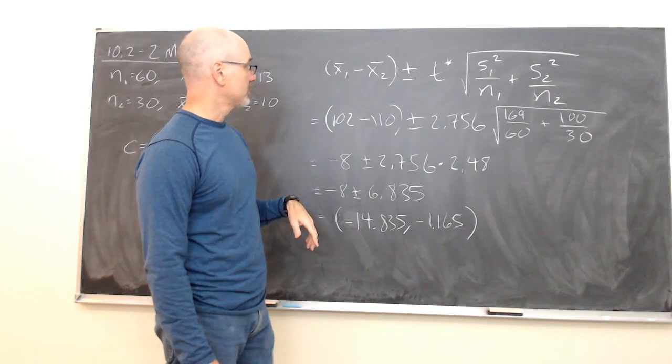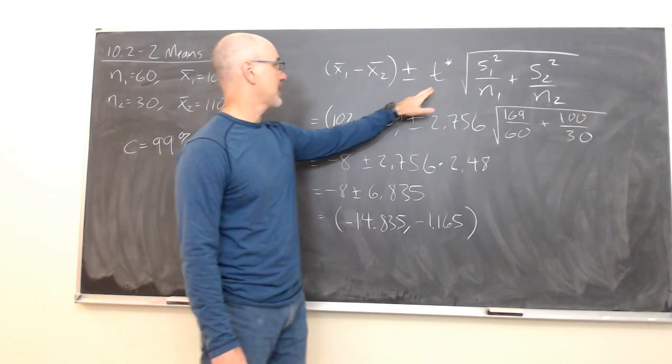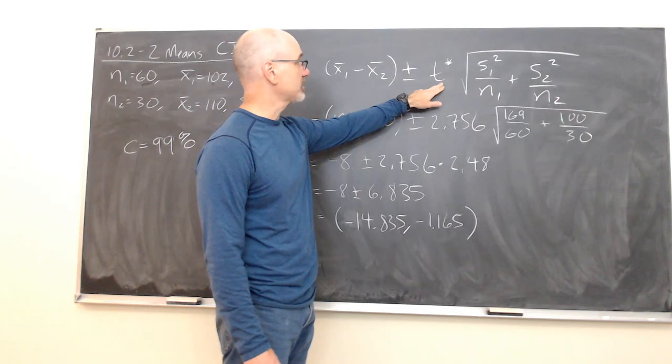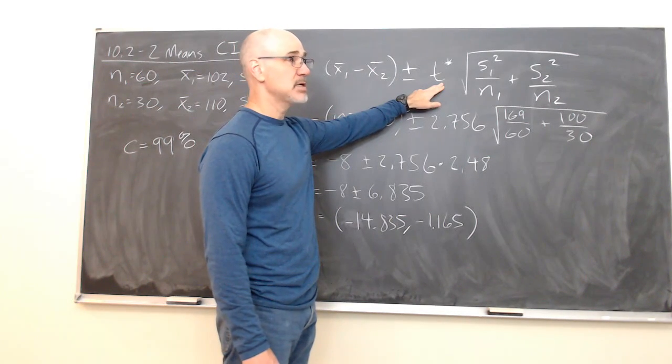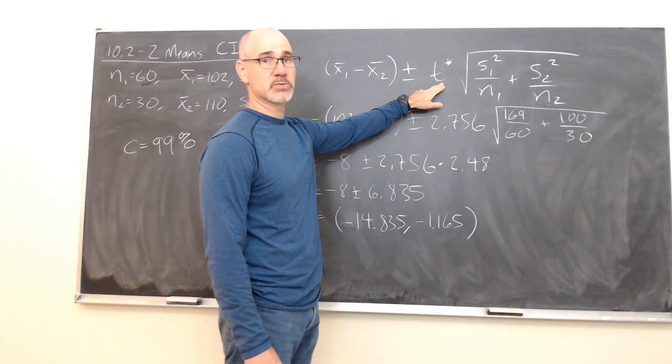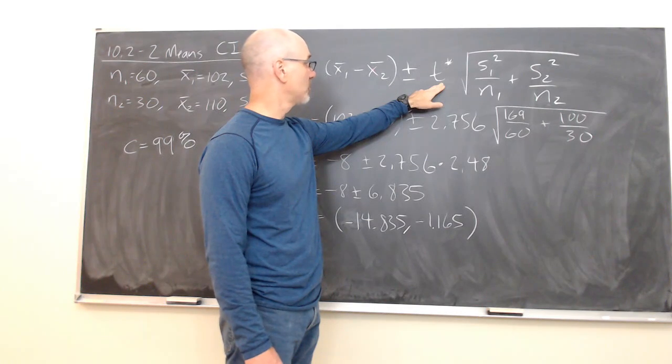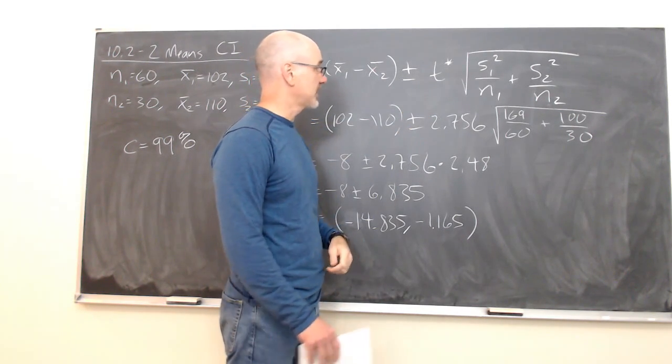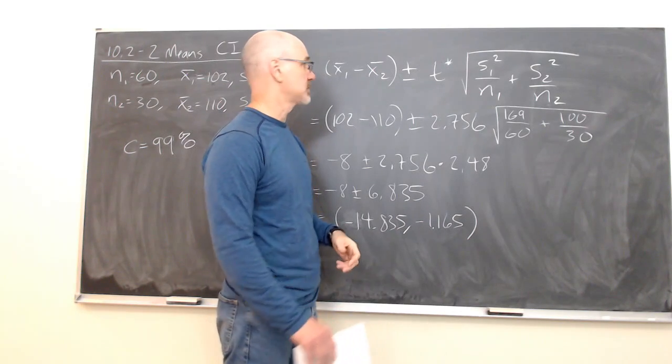And to find the interval, we take that and add plus or minus the t critical value, where we have to use the t distribution with the right degrees of freedom, which is the minimum of n1 minus 1 and n2 minus 1. So that degrees of freedom is 29, as it was in the previous example.